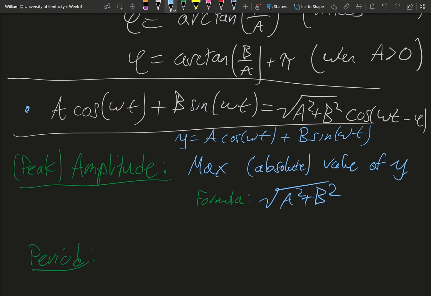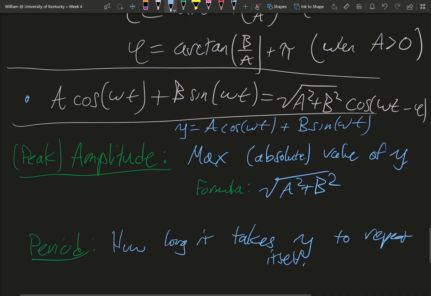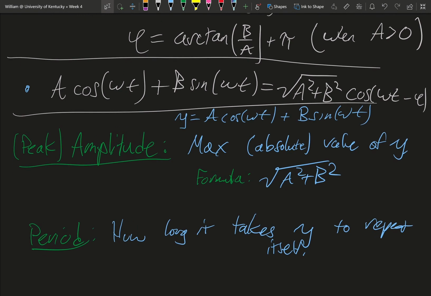Our period is how long it takes y to repeat itself. So these are going to be a sum of a cosine and a sine. Cosine repeats itself every 2 pi. It starts over, right?